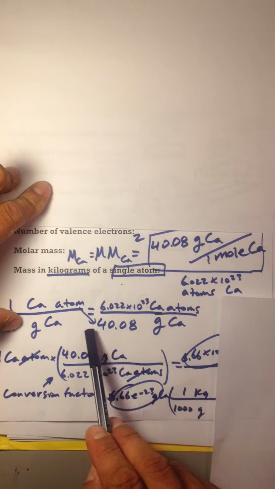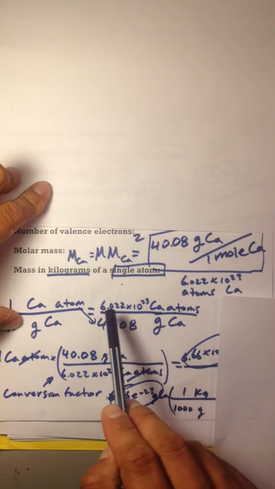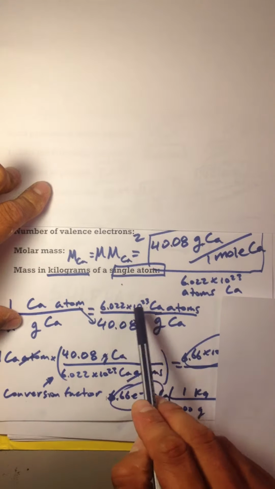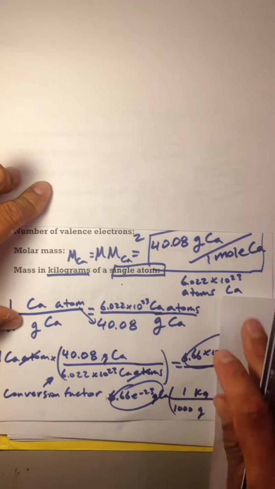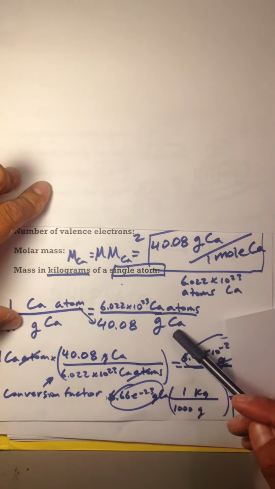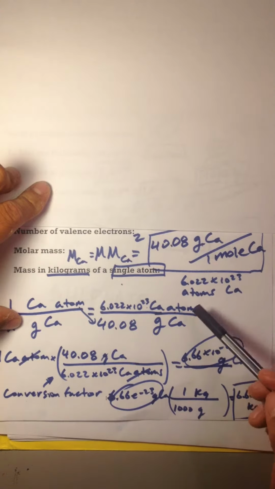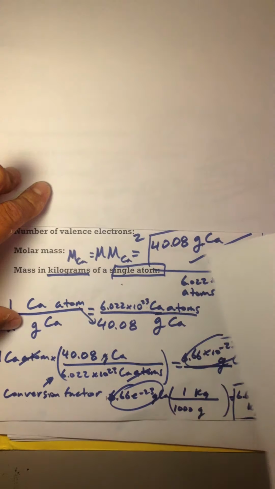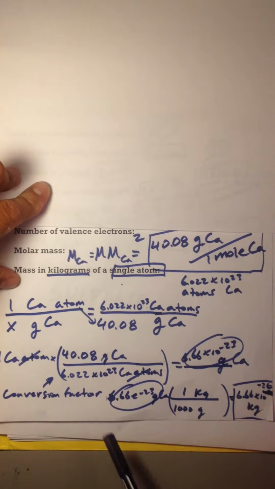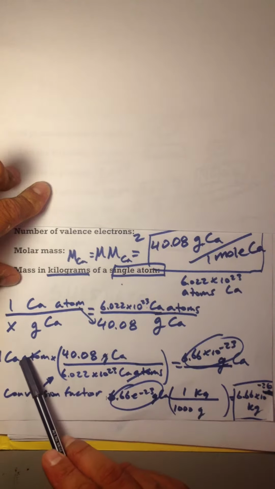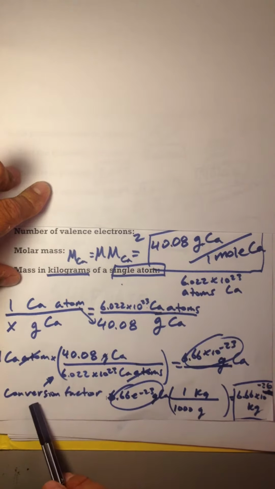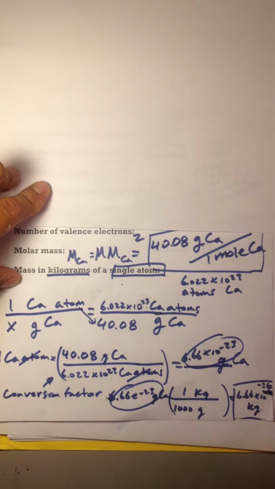And let's see, we know that 40.08 grams of calcium is 6.022 times 10 to the 23rd calcium atoms, because that's a mole. It's grams of calcium per mole of calcium, grams per mole. We're just replacing mole with atoms because we want to get that. So we'll cross multiply and divide, this times this divided by this, and this is also known as a conversion factor.